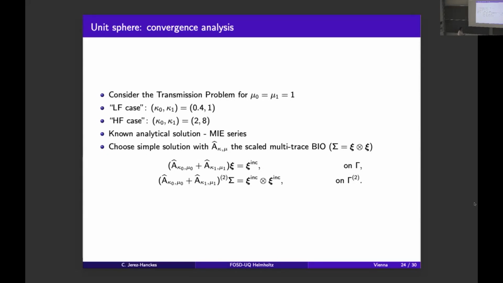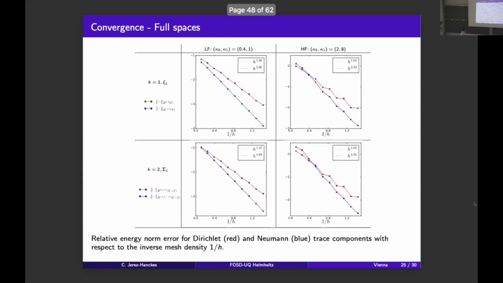This is the incoming, so the trace of the Dirichlet and Neumann values at the boundary. And then you have this tensorized here. Of course, in your transmission problem, you have traces from above, traces from below, then you're tensorizing that.